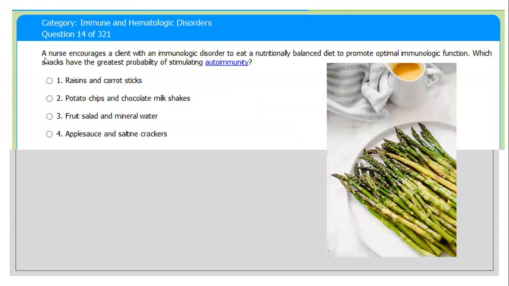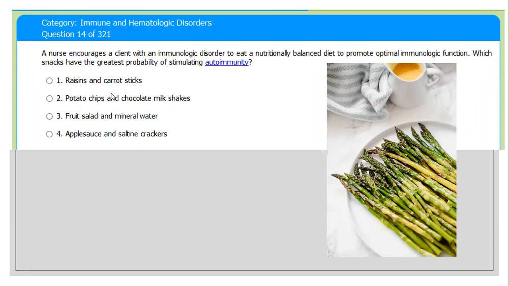Next question. A nurse encourages a client with an immunological disorder to eat a nutritionally balanced diet to promote optimal immunological function. Which snacks have the greatest probability of stimulating the immunities?